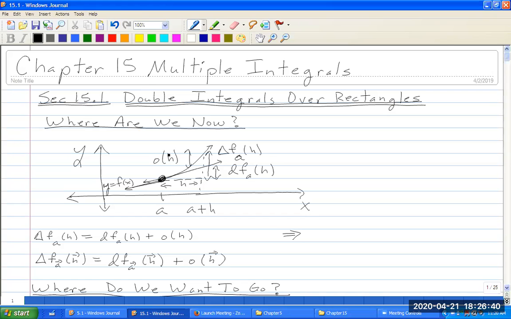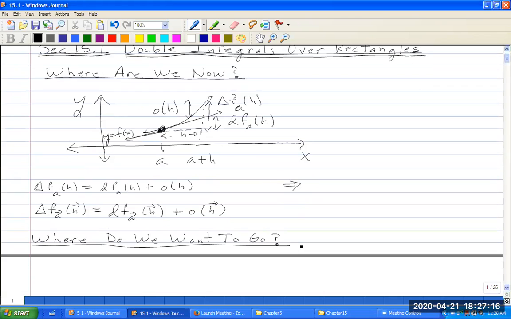If it is, then we say that the function is differentiable at A. So the change in f at A evaluated at h is the differential of f at A evaluated at h plus little o of h. And basically the first half of this course was trying to extend this idea to functions of more than one variable, and maybe several functions.